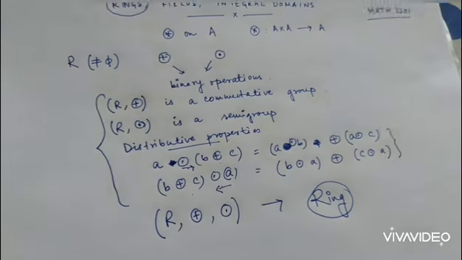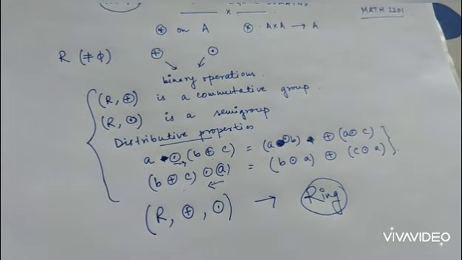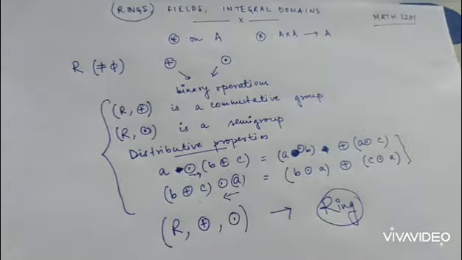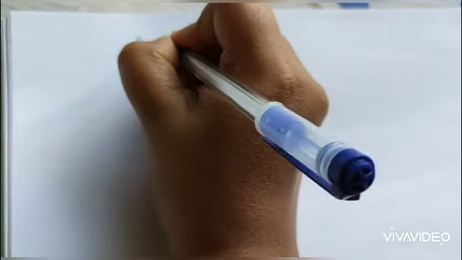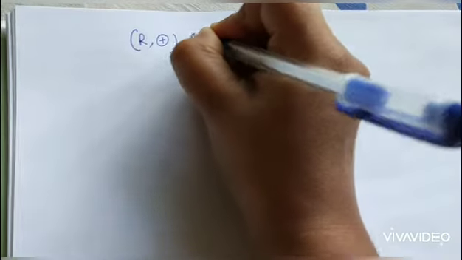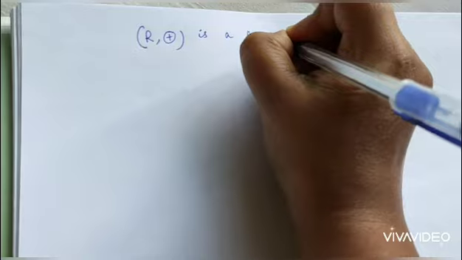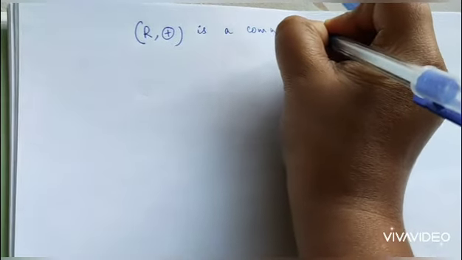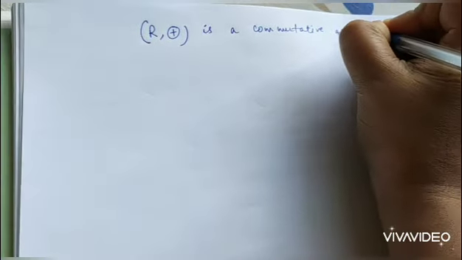Fine. So if these are satisfied, then (R, plus, dot) will be a ring. Fine. Now (R, plus) is a commutative group.